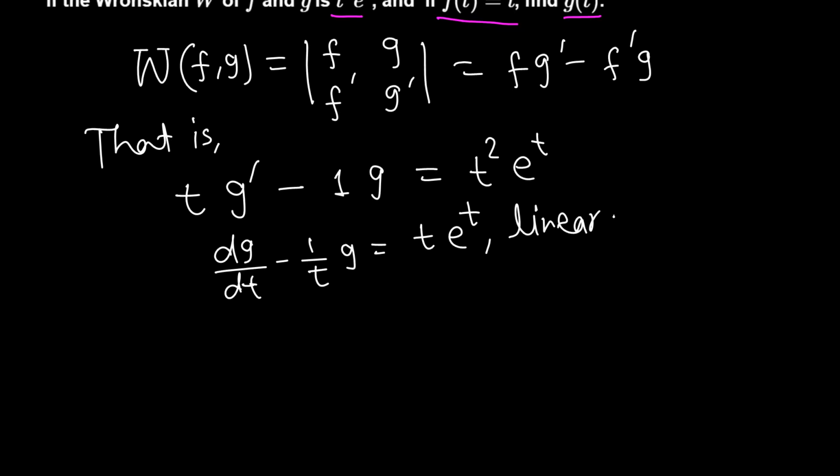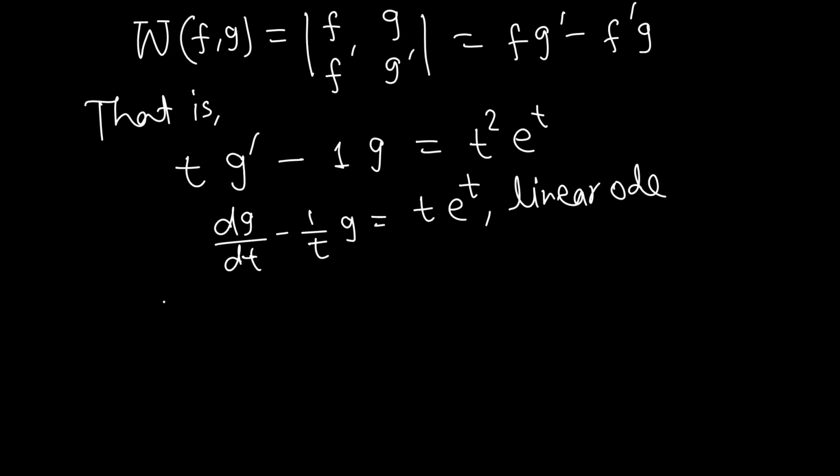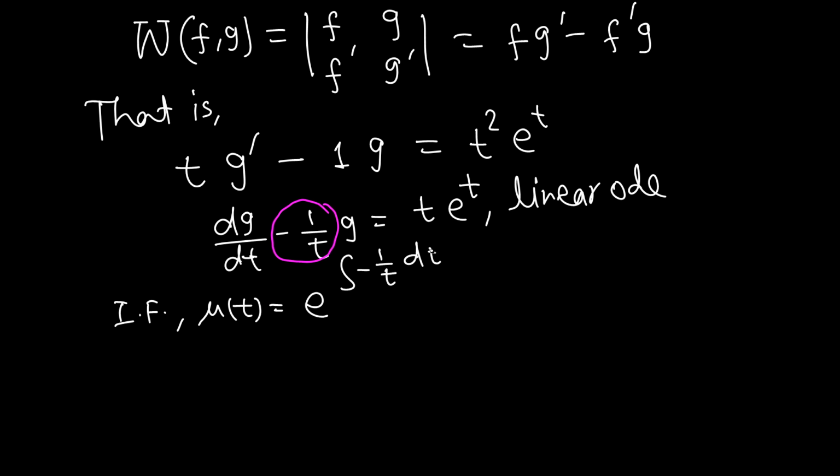Okay, to solve this we find an integrating factor mu, that is given by e raised to the integral of p(t). I mean, this is the function that's in the place of p, so negative 1 over t dt. Okay, let's find it.